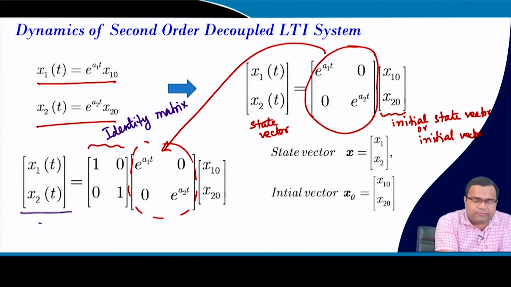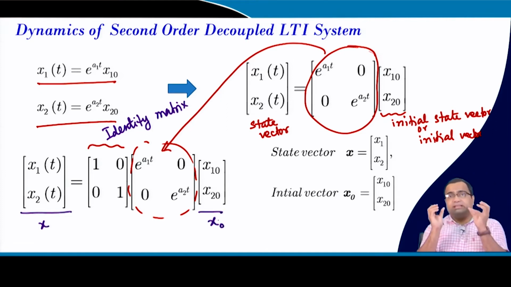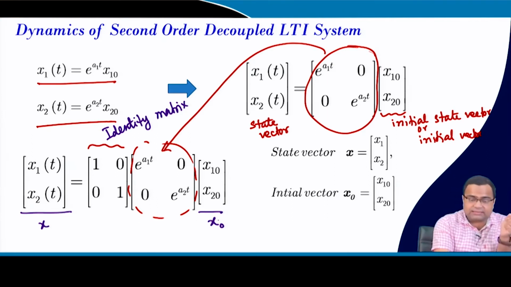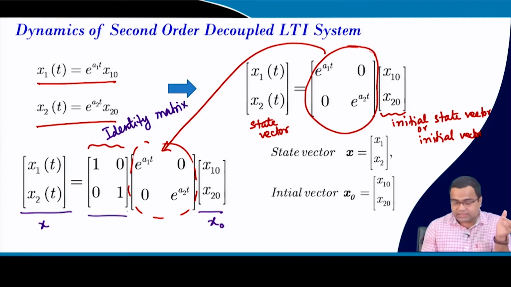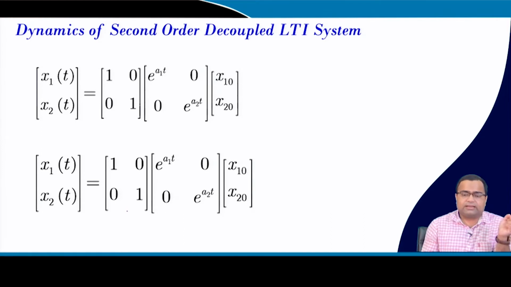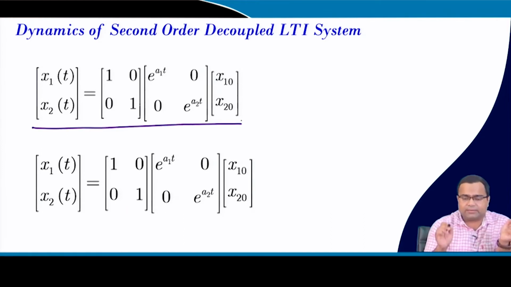And this we call vector x, this is a vector. This is also vector x0, which is the initial state vector, and in both cases they are a combination of two states x1 x2. And this is an identity matrix. Why have we considered that? So, I am rewriting the equation again.